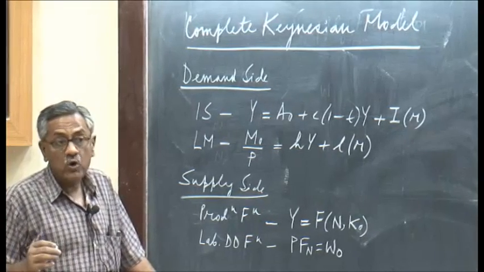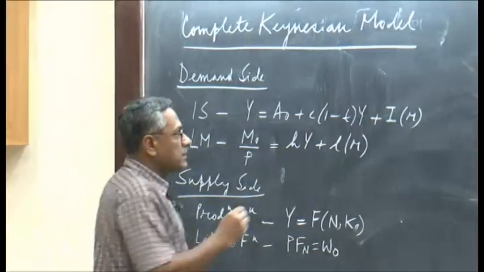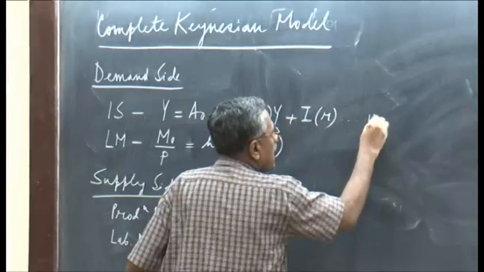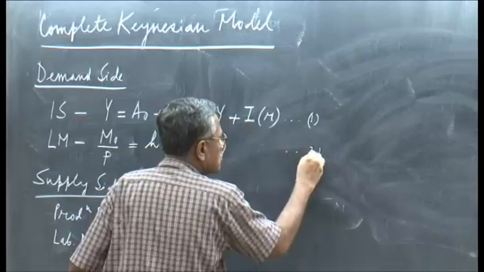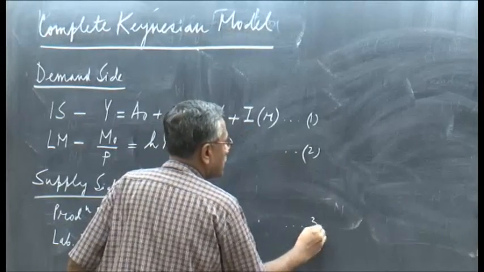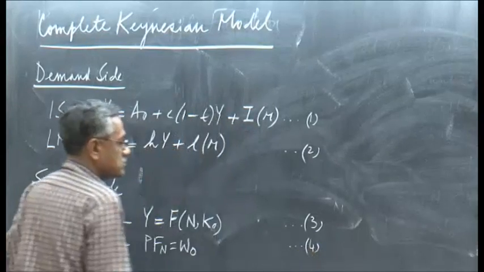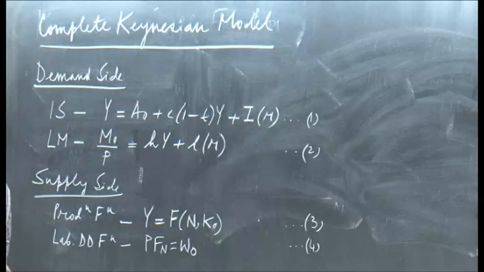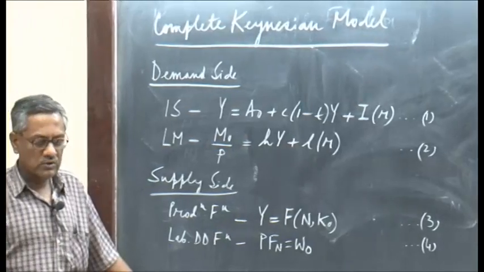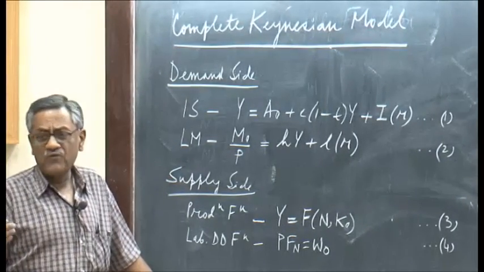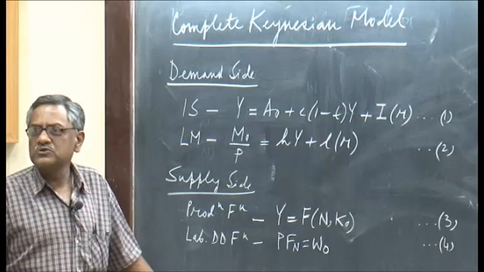So, you essentially have four equations. Call them 1, 2, 3, 4. Four equations in a model will be a determined model if you have 4 unknowns, 4 variables to solve.